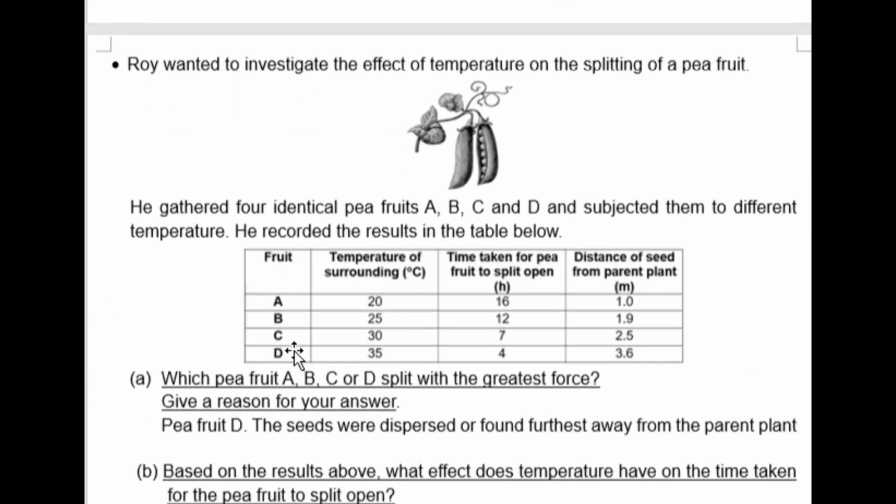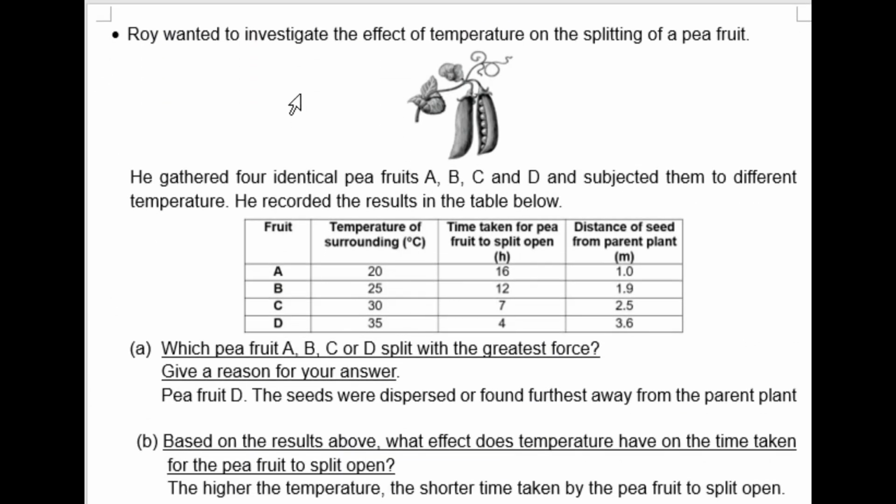Roy wanted to investigate the effect of temperature on the splitting of a pea fruit. He gathered 4 identical pea fruits A, B, C and D and subjected them to different temperatures. He recorded the results in the table below. A. Which pea fruit A, B, C or D split with the greatest force?